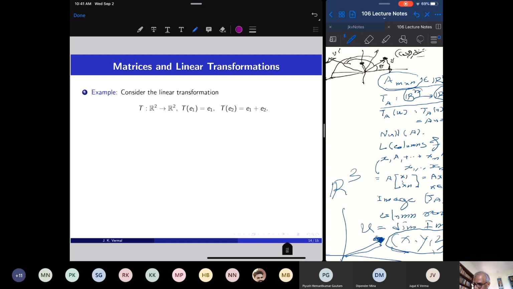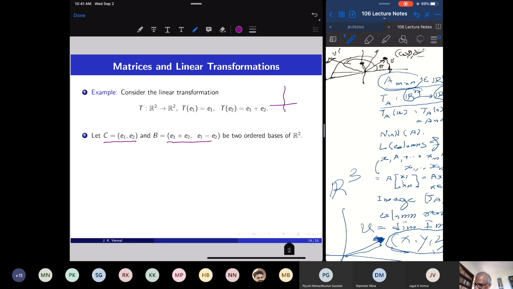Let me give an example. Consider the following linear transformation from R^2 to R^2, where E1 is mapped to E1 and E2 is mapped to E1 plus E2. E1 is mapped to E1, that remains fixed, but E2 is mapped to E1 plus E2. Let us take C to be the standard basis of R^2 and B to be the basis E1 plus E2 and E1 minus E2.